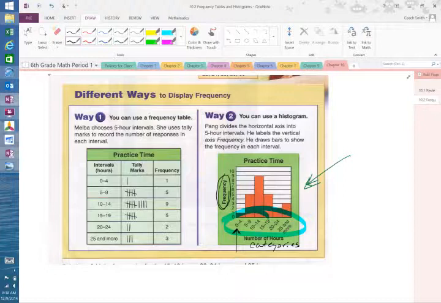So that's what a histogram looks like. We're going to be doing a little bit of histogram stuff, not a whole lot. But to have a histogram, we have to have a frequency table. This right here is your frequency table.